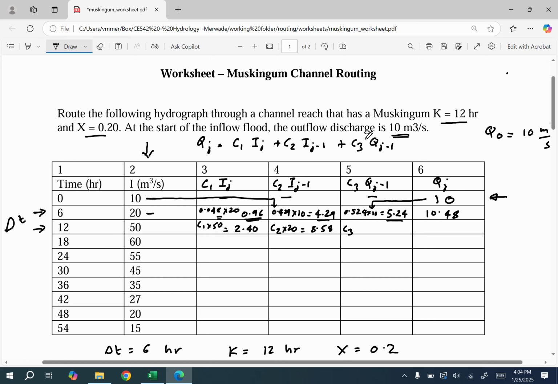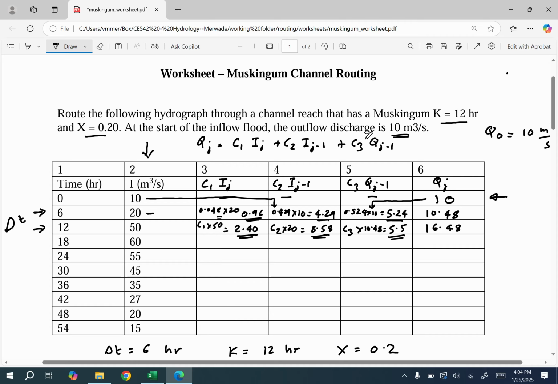This will be C3 times previous Q, which is 10.48, and that comes to about 5.5. And then we will add 2.4 plus 8.58 plus 5.5, and then we will get 16.48.